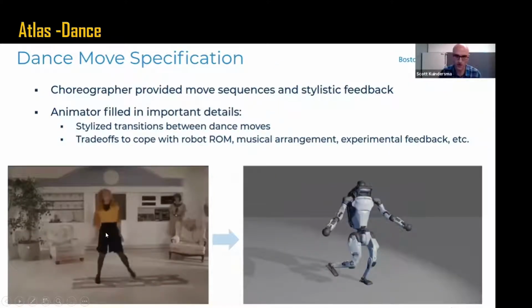Here we see an actual choreographer providing these dance movement sequences, and the animator then takes these sequences and makes proper, smooth transitions on a simulated robot. For this transfer of animation, there is a paper named Anybody Can Dance.